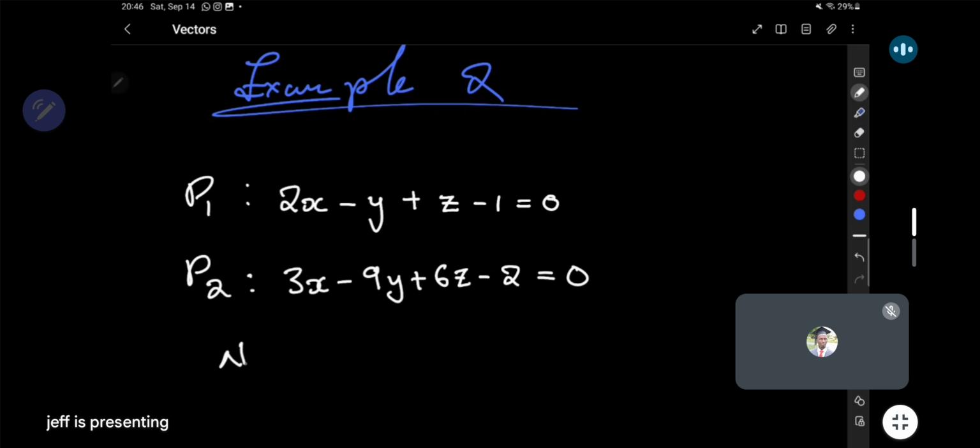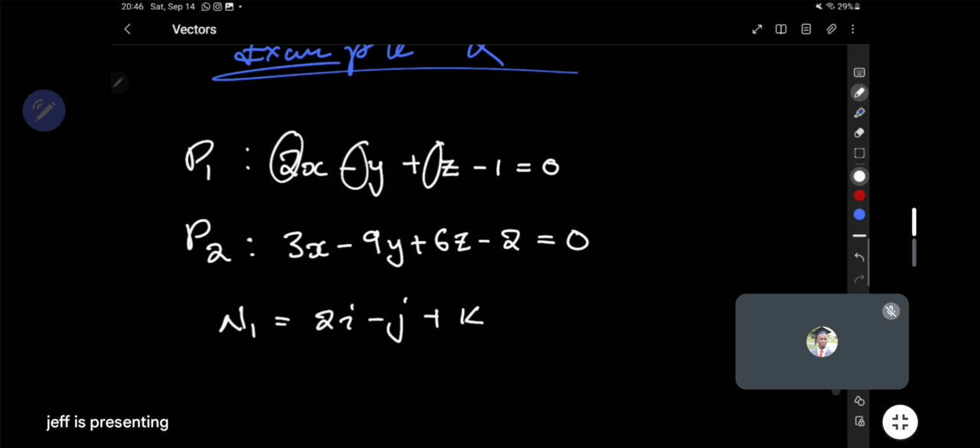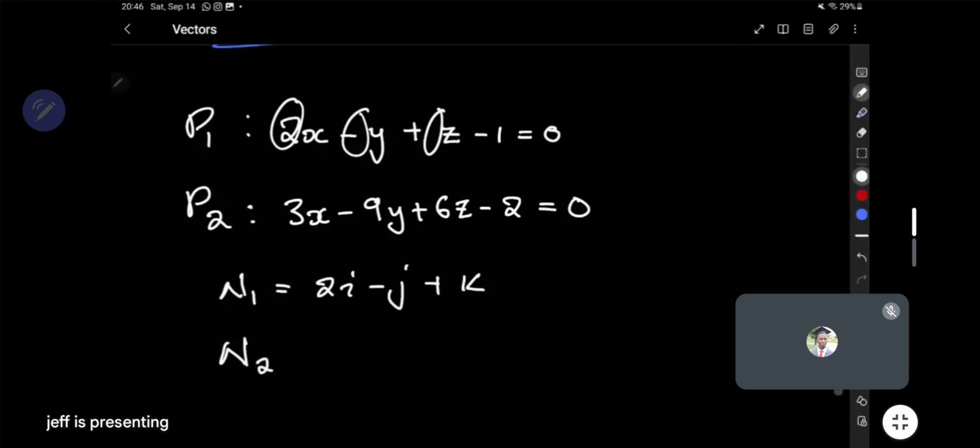In the first plane, normal 1, again we're just getting the coefficients of the variables. So we have 2i minus j plus k here. Normal 2, we have 3i minus 9j plus 6k.